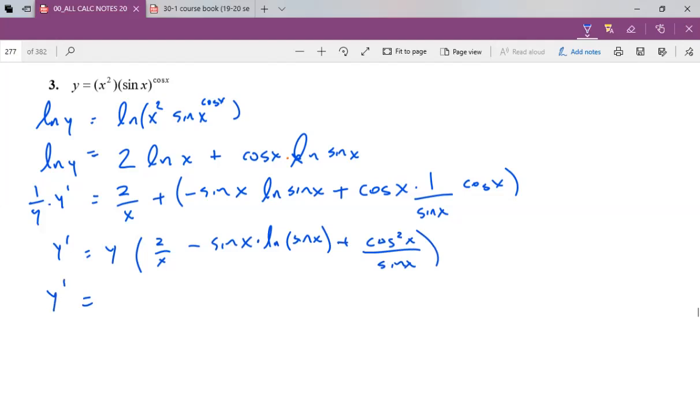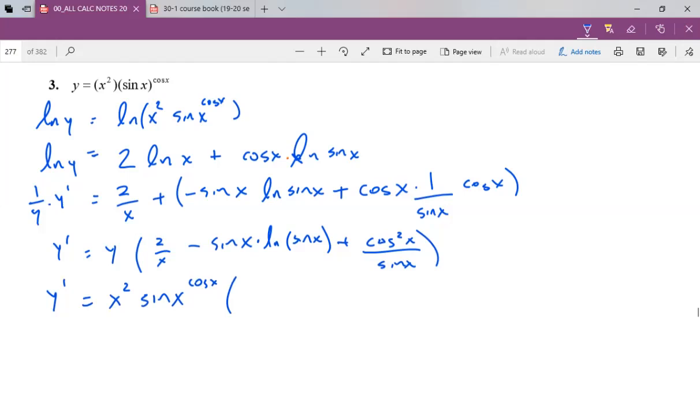In our next step, let's replace y with what it is. It is x squared sine x to the cos x. And we're going to need to get a common denominator in here to tidy this up. We have a factor of x downstairs, and we have a factor of sine x.